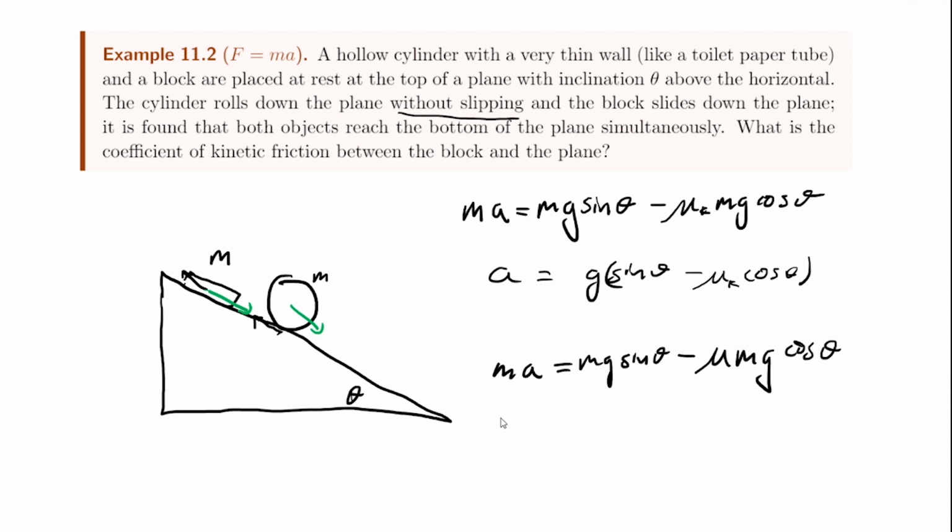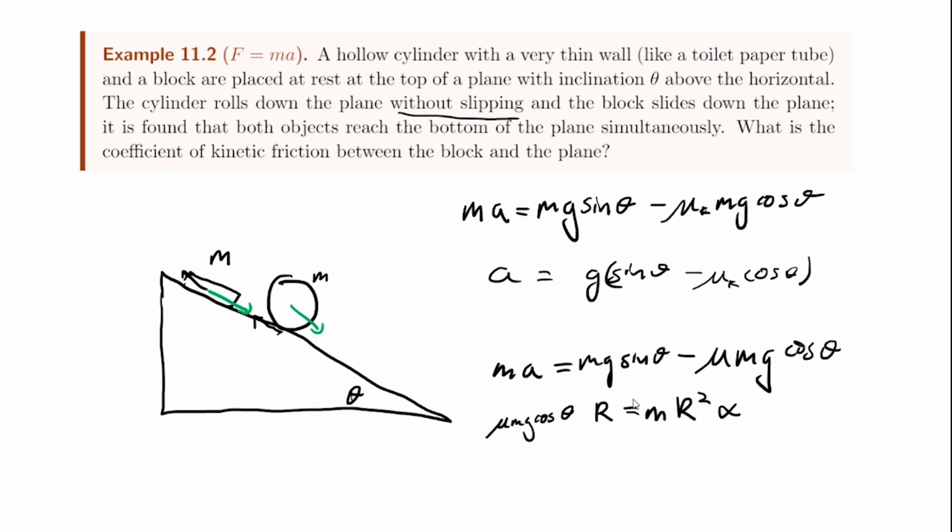The torque equation, if we do it about the center of mass, is going to be mu mg cosine theta times r, which is the radius, equal to I alpha, and in this case I, since it's hollow, is just mr squared. So mr squared alpha.